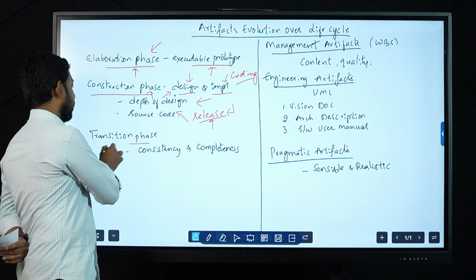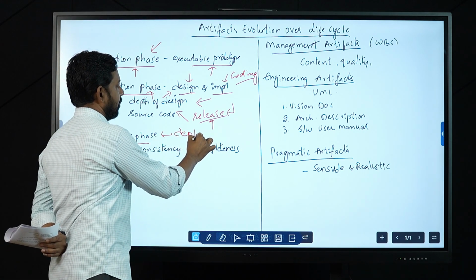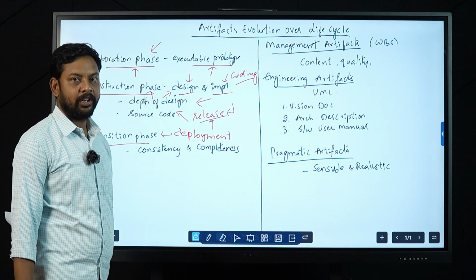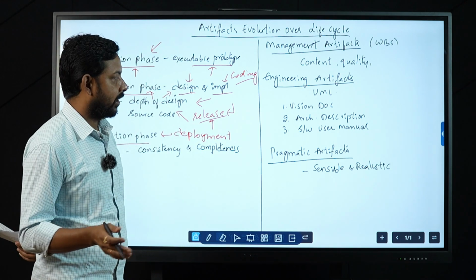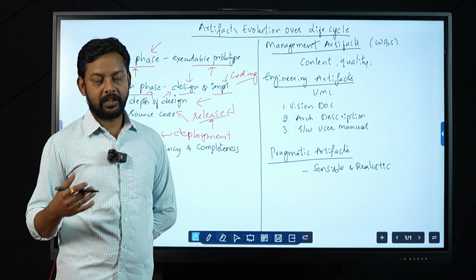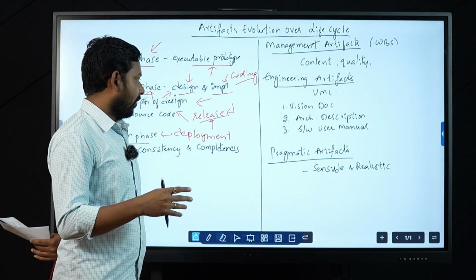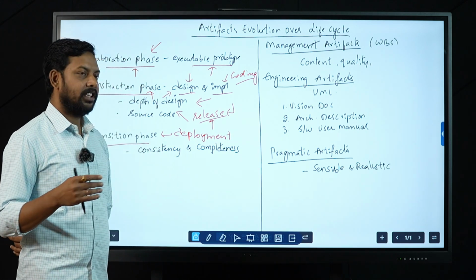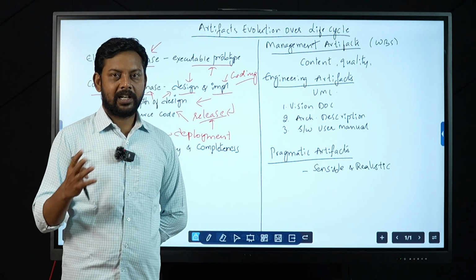And last, you go with your transition phase. Transition phase majorly comes with your deployment. So transition phase majorly works with the deployment of your project. Once your project development has completed, either you go with your first release version or second release version, or you go with your beta version. After your release is done, you are supposed to deploy that particular project at your user's end or at your customer end.